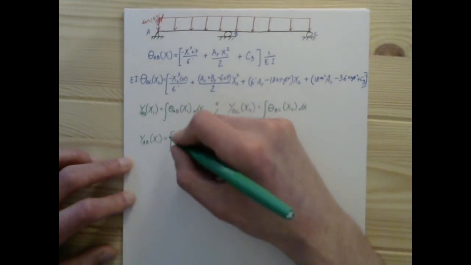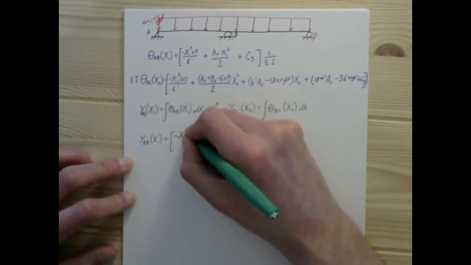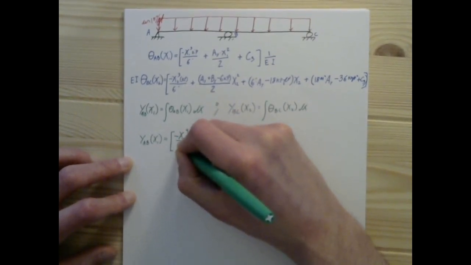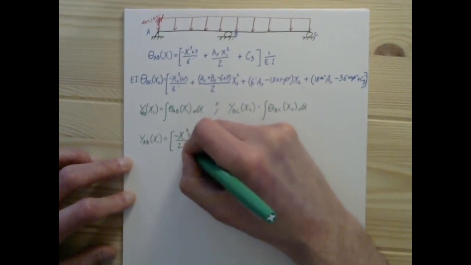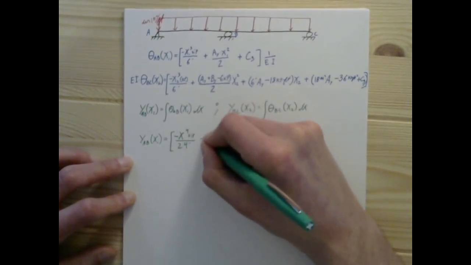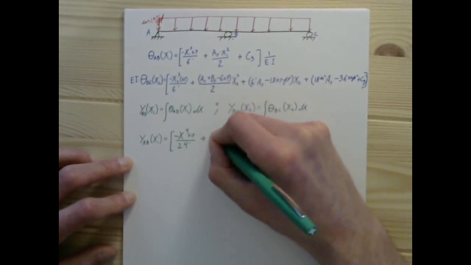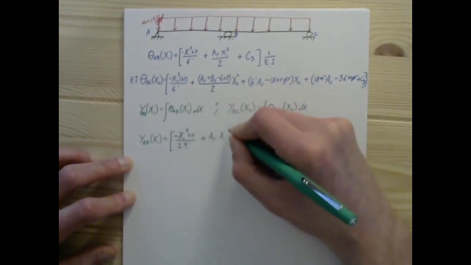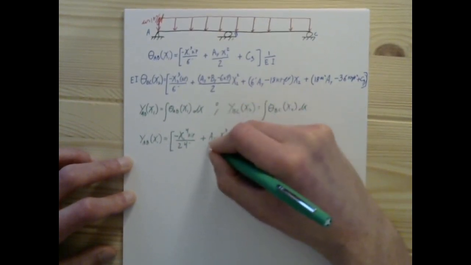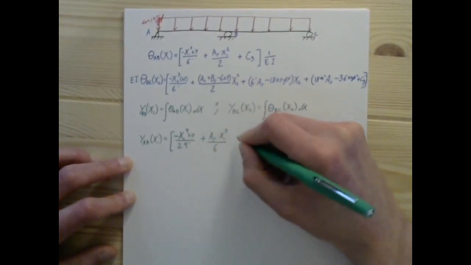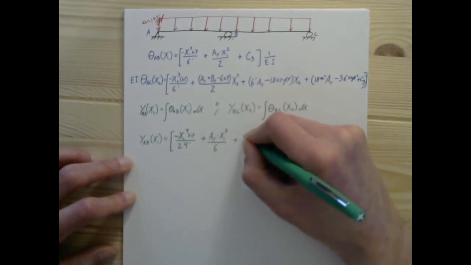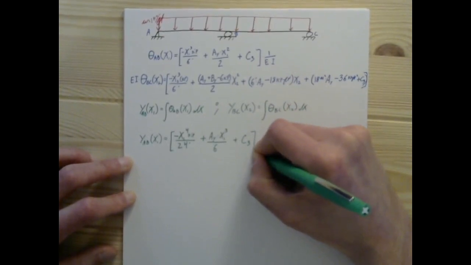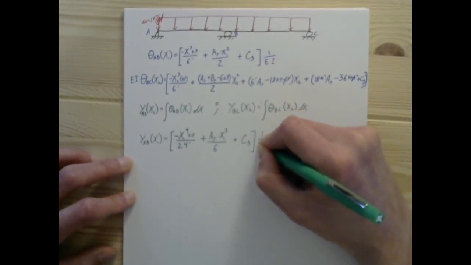So that's going to be negative x to the 4th kips over 24 feet, plus AY x1 cubed over 6, plus some constant of integration C3 over EI.